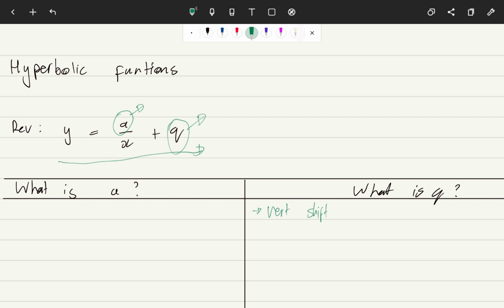And then as for a, here's the thing. A determines the shape of your hyperbola. And for a, there are many rules. Like if a is greater than 0, then if a is greater than 1, or if a is between 0 and 1, and so forth.